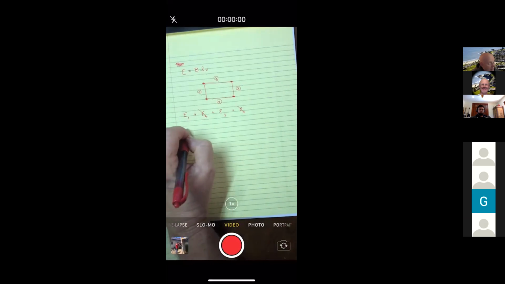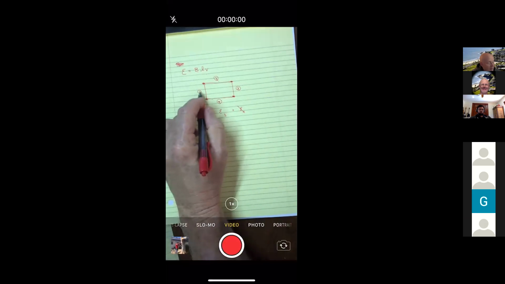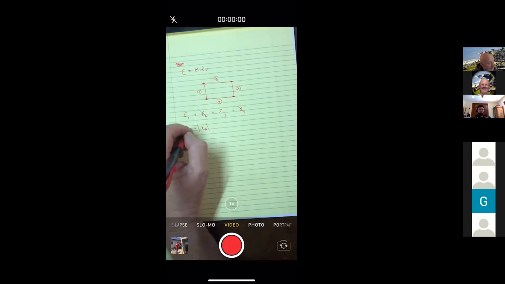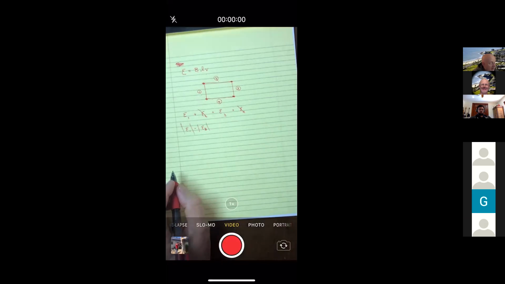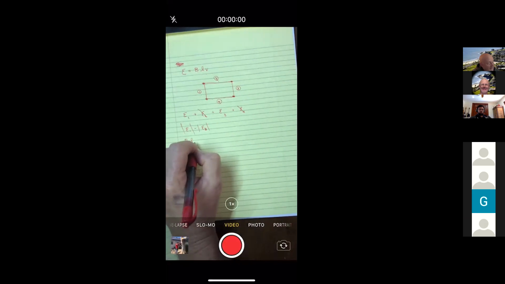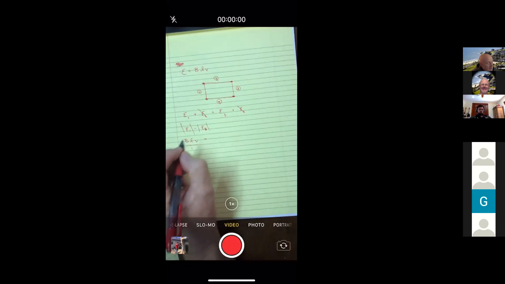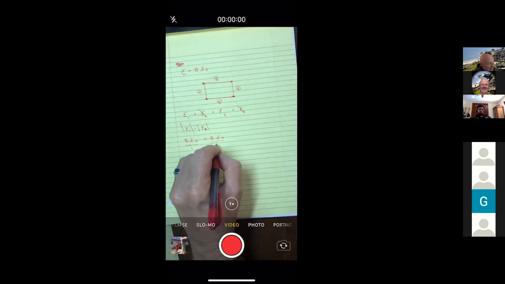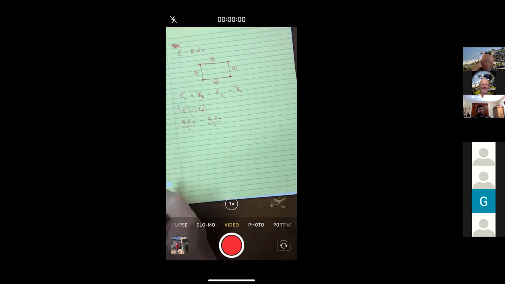And so you would get the EMF at number 1 minus the magnitude of the EMF from number 3. So take the field, the length, and the velocity for number 1 and subtract off the field, the length, and the velocity for number 3.